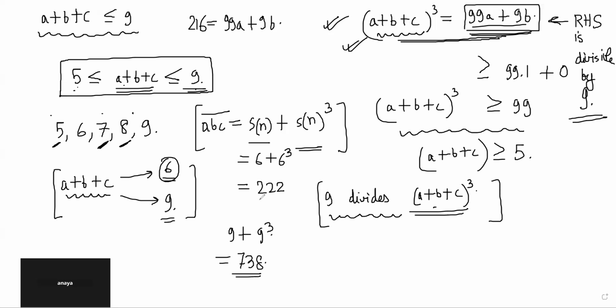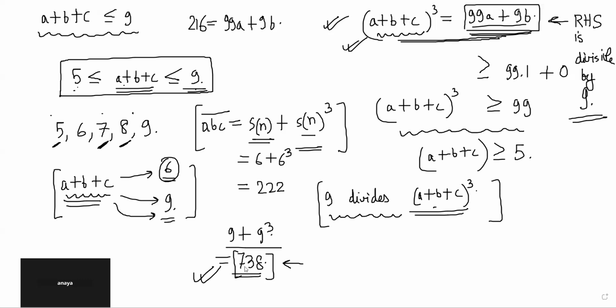But when you check 738, the sum of the digits is not 9. It should be 9, but when you put it in this result, you're getting this number. You're not getting a digit sum of 9, you're getting 18. Do you understand what I'm saying?